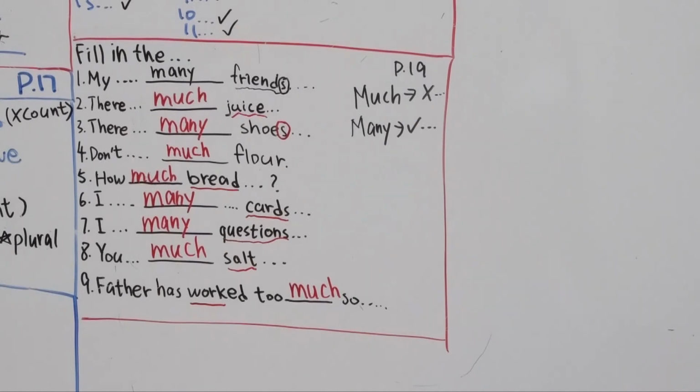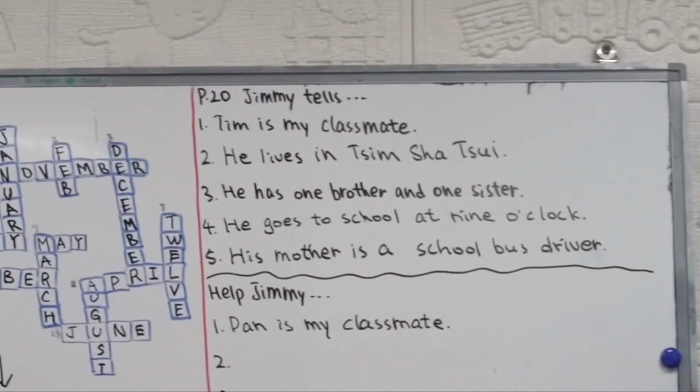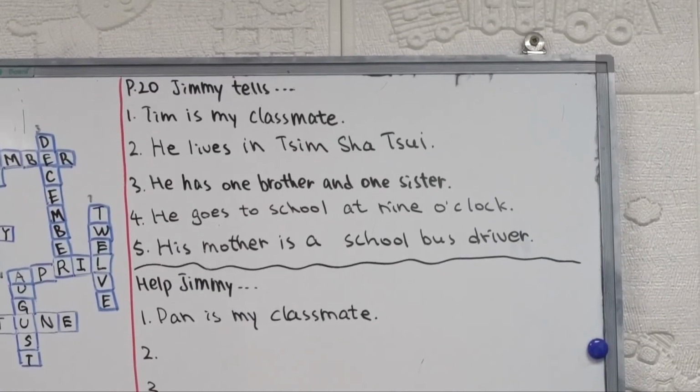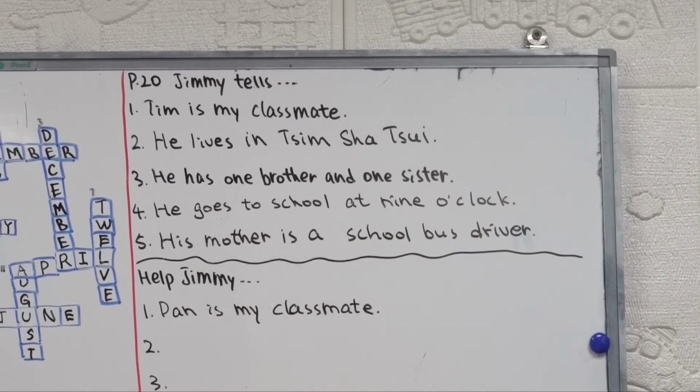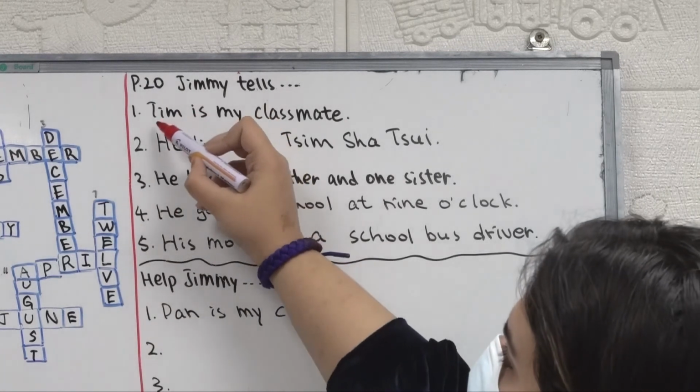Now we can move on to page number 20. So guided writing. Let's have a look at the example, okay? Jimmy tells Lily about his classmate at school. So here, in part 1, Jimmy has talked about his classmate. Who's the classmate? Tim, okay?